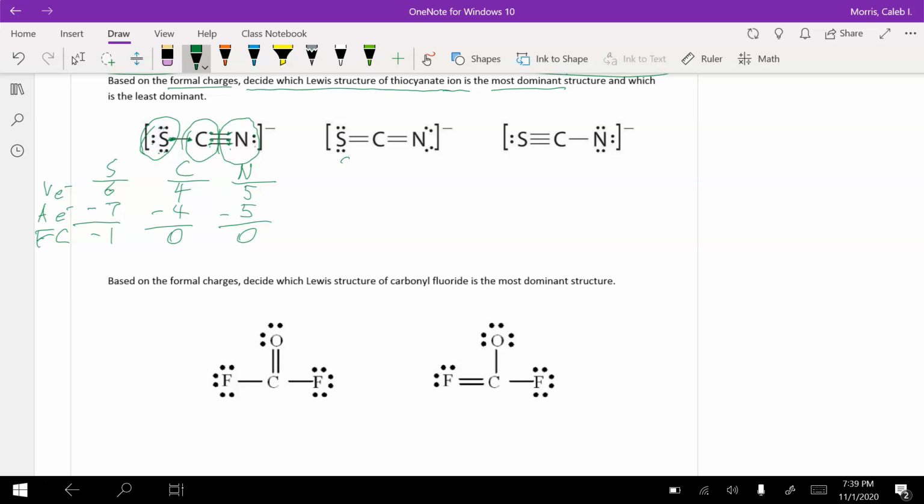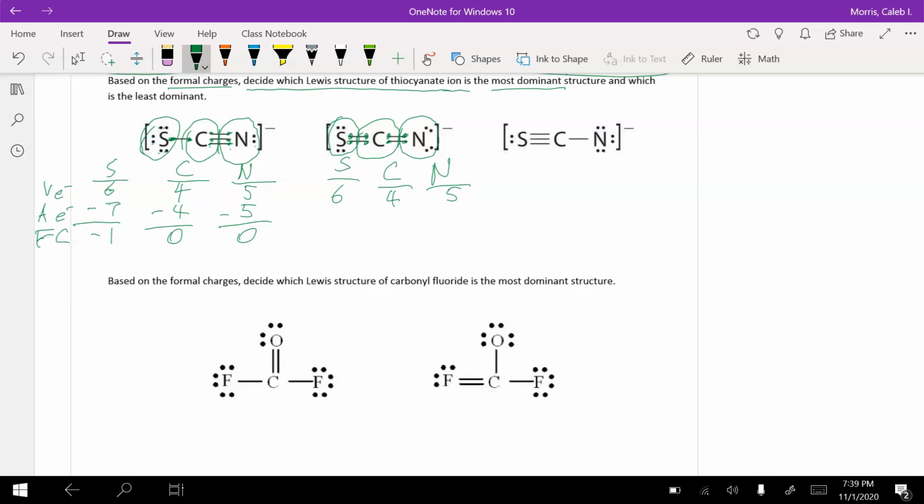All right, sulfur, carbon, and nitrogen again. Same number of valence electrons, 6, 4, and 5. Circle each of those atoms and find the number of assigned electrons.